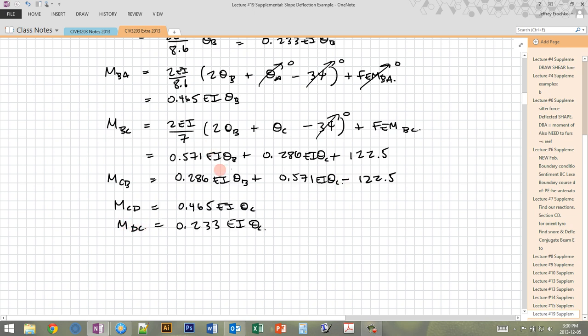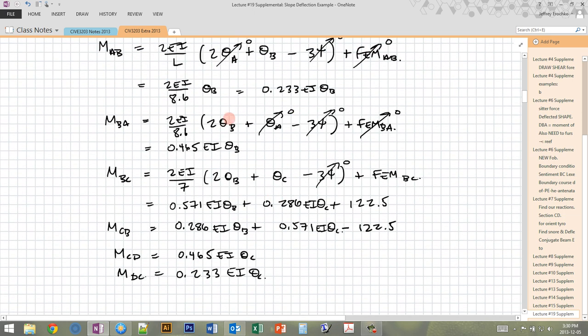And I just missed those EIs up here. So this is EI theta B, EI theta C, EI theta B, EI theta C, and these ones are EI theta C. So you can see there's kind of a symmetry here. MAB and MBA are very similar to MCD and MDC, except we have theta C instead of theta B. And MBC and MCB also have this kind of symmetry here. And this comes out of it being such a symmetric problem.